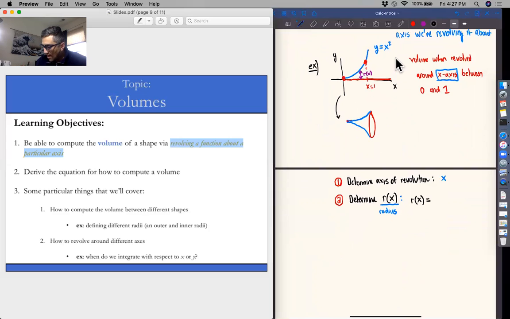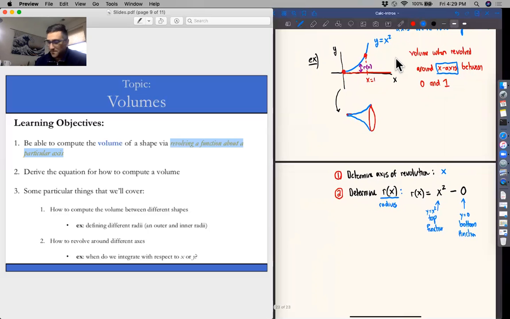In this case, our function is x squared, and our axis is at y equals 0. So just to make this a little more clear, y equals x squared is the top function, and y equals 0 is the bottom function. That's basically the function that's telling us where the axis is. So our radius in this case is just x squared.